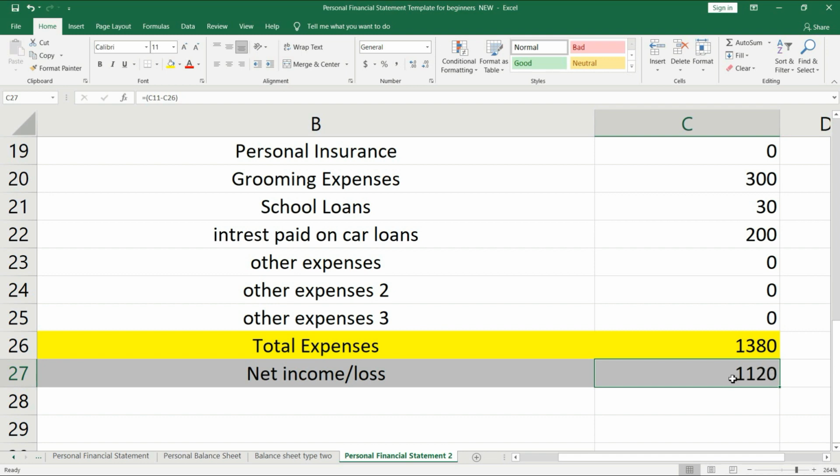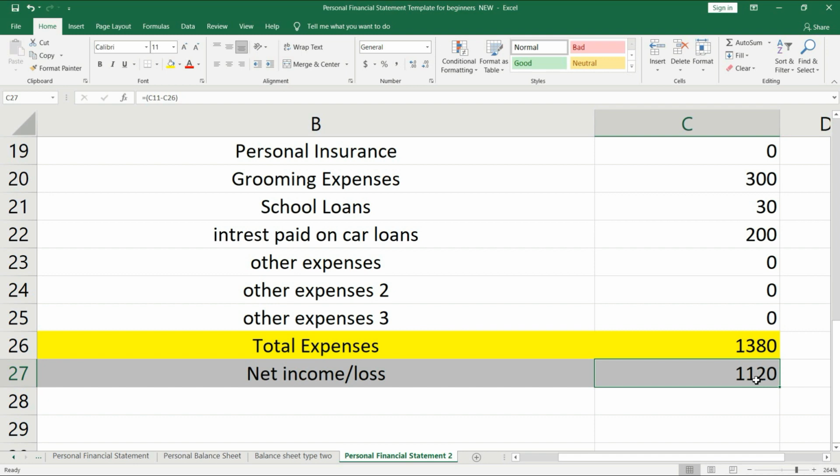Okay. Now I want to link this particular figure, that's the 1,120, to the balance sheet. Now you have this money, and let's say you have been taxed. I don't want to complicate things for you, but people who are employed, there's tax, where the government takes some amount of money from their income, and the remaining balance they keep for themselves.